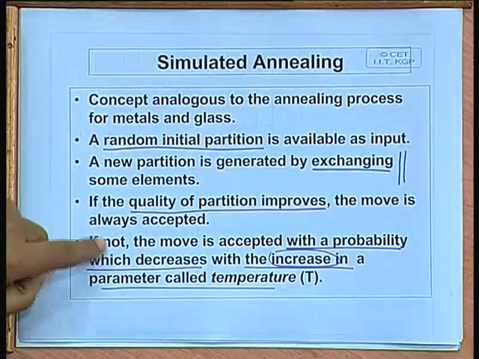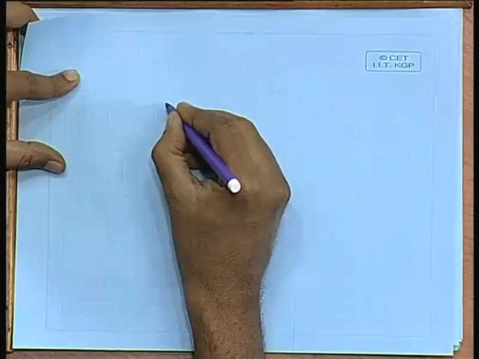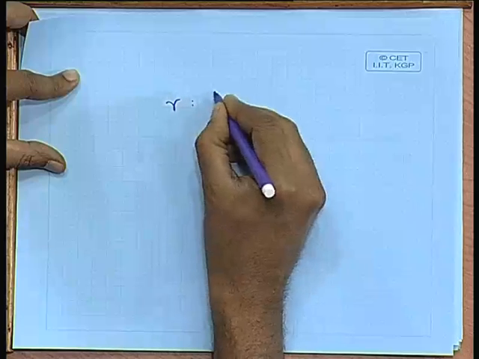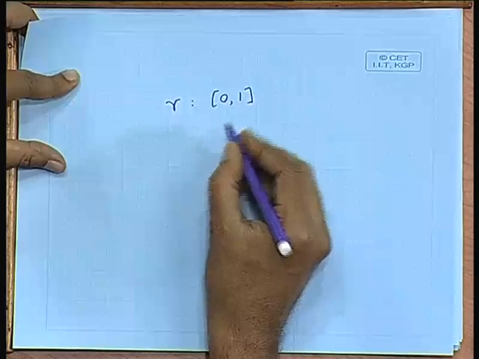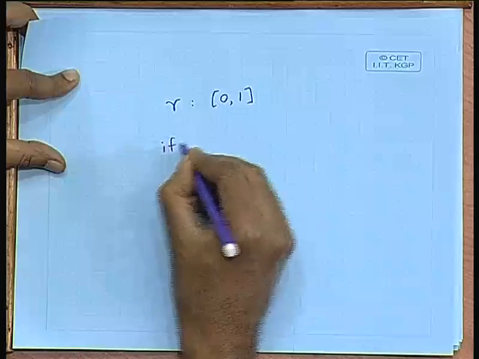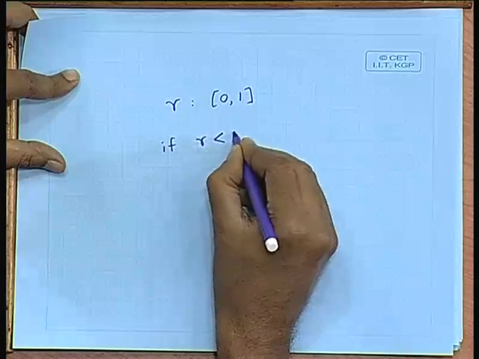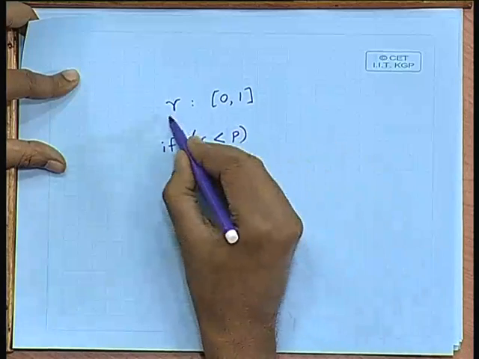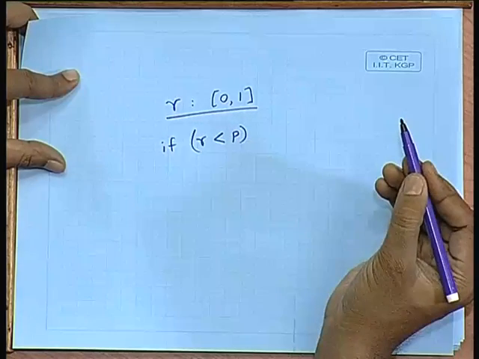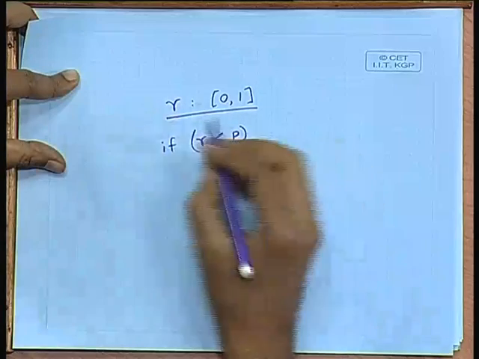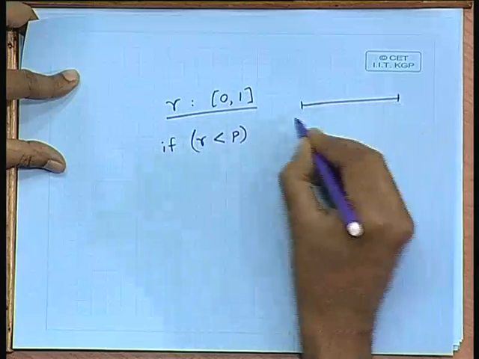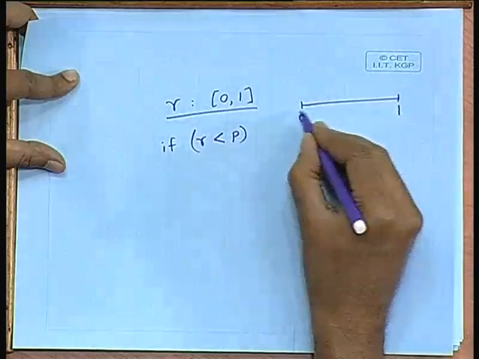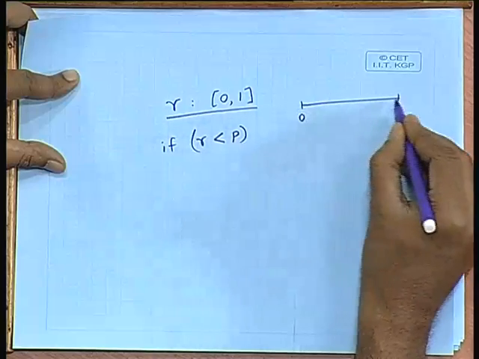Now, you know how you do this kind of thing randomly in a program. You can generate a random number, say r, in the range of 0 to 1, and if p is your probability, you can check if r is less than p or not. If this is a uniform random number, that is, it follows a uniform distribution, then any number between 0 and 1 is equally likely to be generated.